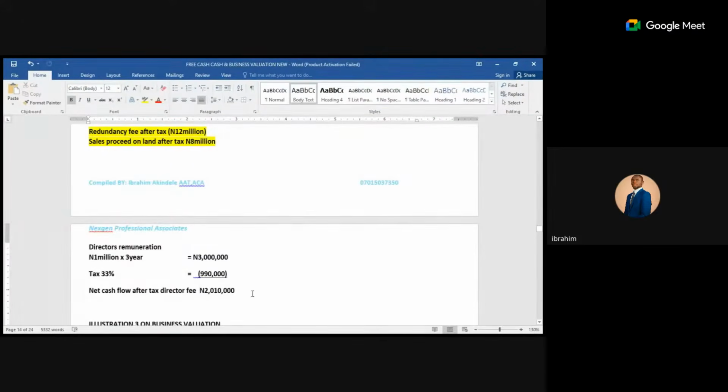Now, if this is established, class, which kind of cash flow is this? Is it a money cash flow or a real cash flow? We already established that this will be at year 0, which will still be the same amount. This 2 million and 10, is it a money cash flow or real cash flow?